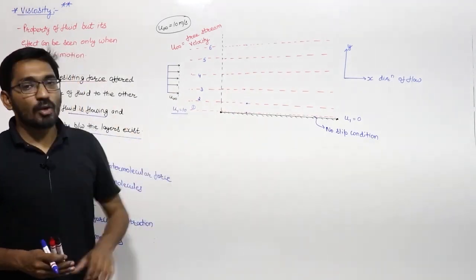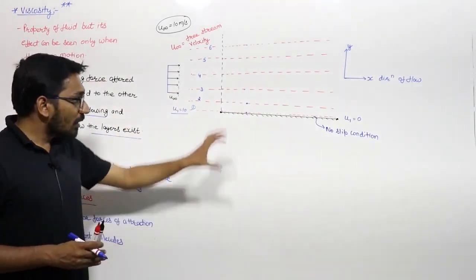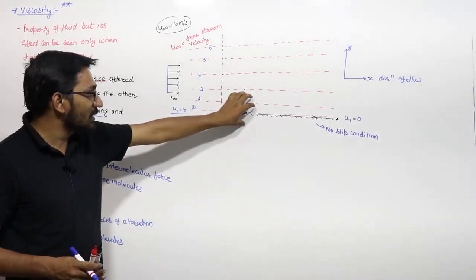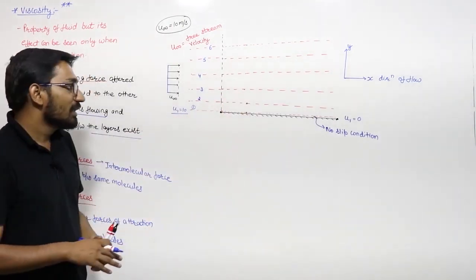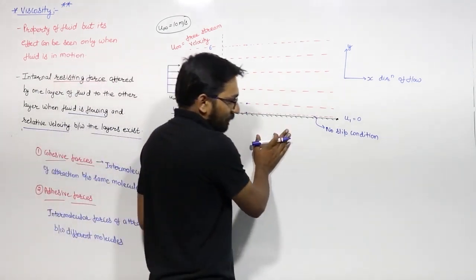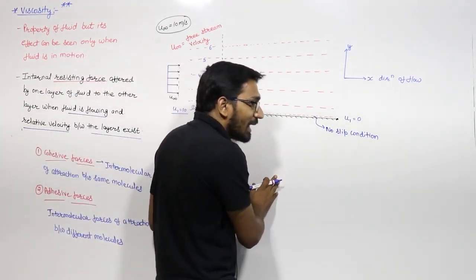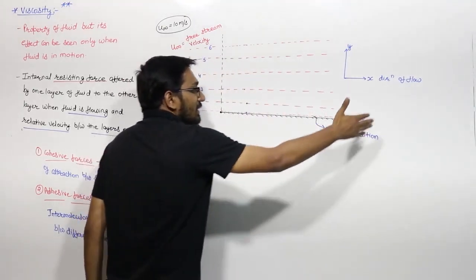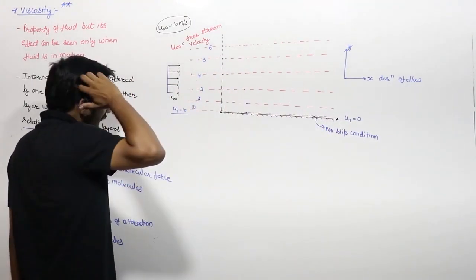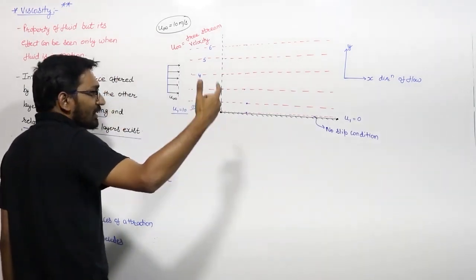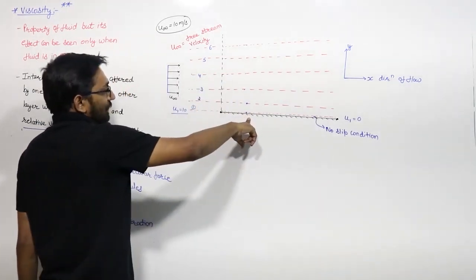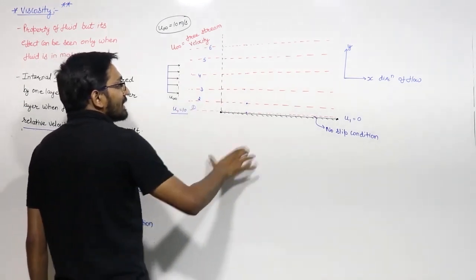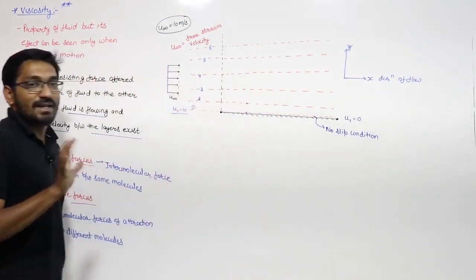Then because of the cohesive forces of attraction, because of the bond between the same molecules, layer 1 will apply a dragging force on the second layer in the opposite direction. This first layer will try to decrease the velocity of the second layer.